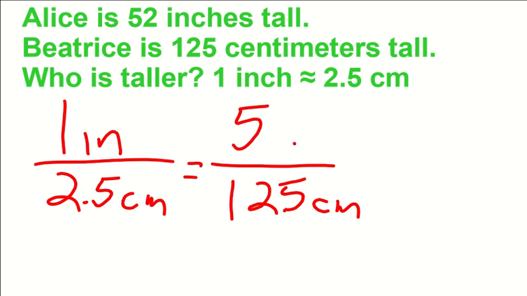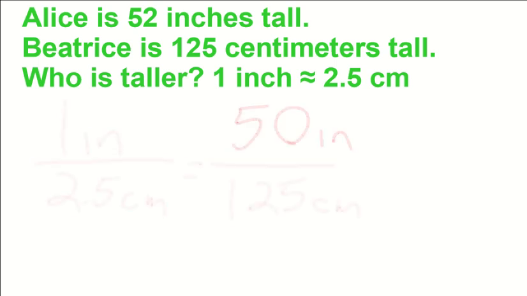That would make Beatrice 50 inches tall, so Alice is still taller. That shouldn't change either way, right? Alice is taller, and in this case it'd be by 2 inches. Okay? Any questions?